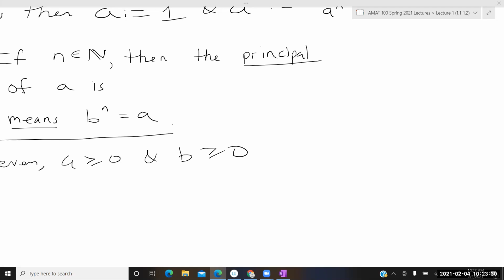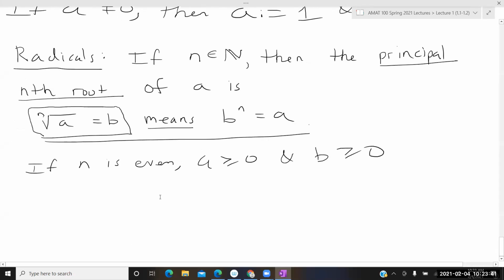We'll just do one last definition for this section, and I'll go over examples tomorrow. So the last definition is for rational exponents.